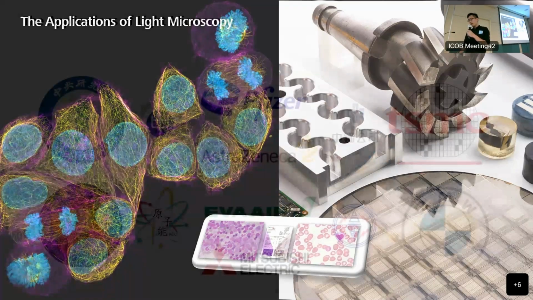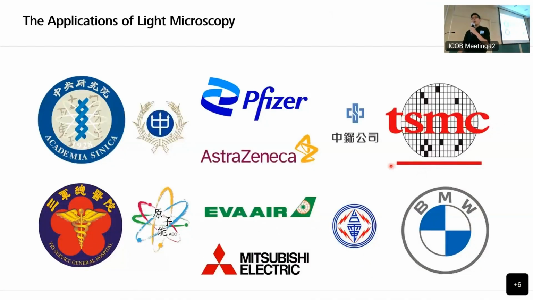Does anyone know the companies in this slide? Everybody knows TSMC, right? Because this is the most famous Taiwanese company in the world. And during the pandemic times, we also faced the COVID virus, so Pfizer and AZ also use microscopes to do biological experiments.